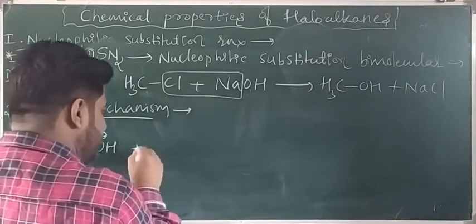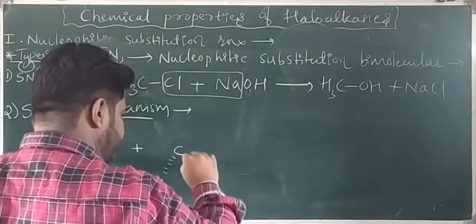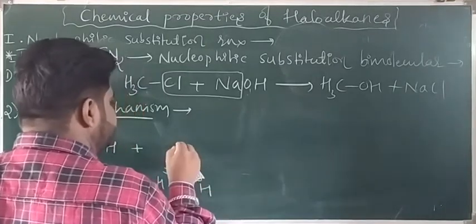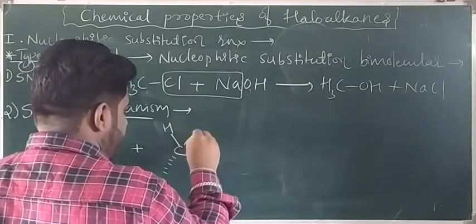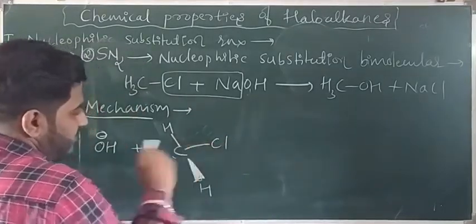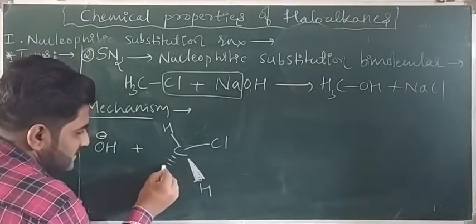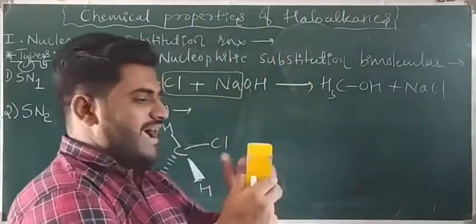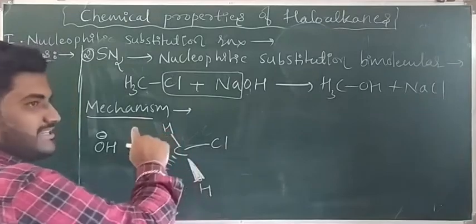This is our haloalkane, methyl chloride, I have taken in this way. This dashed position indicates that this H is below, so backside of this plane, and this H is in front of this plane. Cl is on the plane, H is also on the plane.